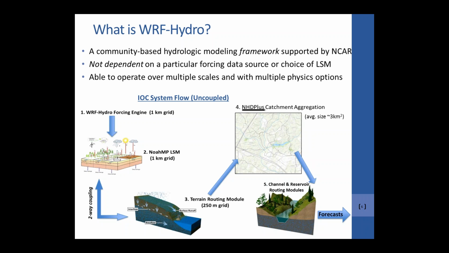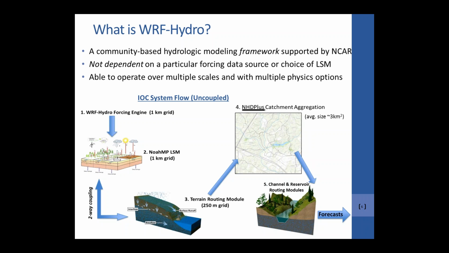So if we want to connect with their decision support tools, we need to output our products on this fabric. And lastly, once everything's been mapped into the catchments, the runoff then flows into the stream channels themselves. And this gets routed downstream using a Muskingum-Cunge methodology. And there are an initial set of reservoirs that are represented in this implementation, this IOC.